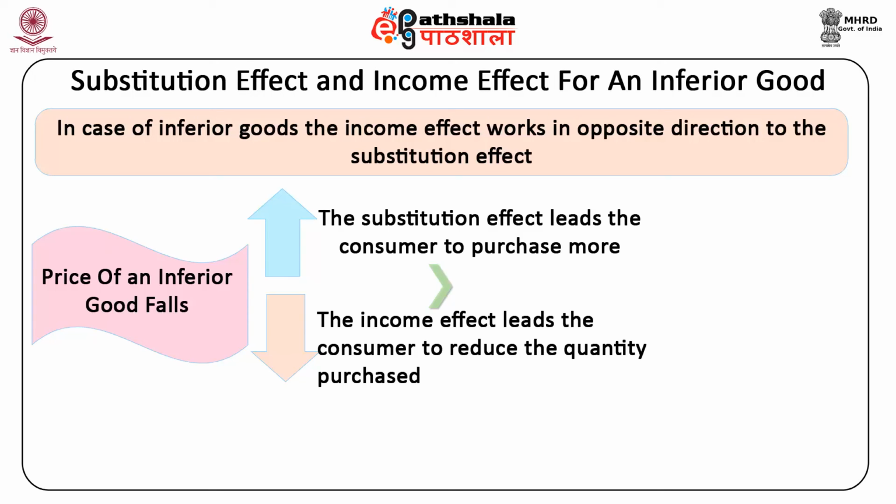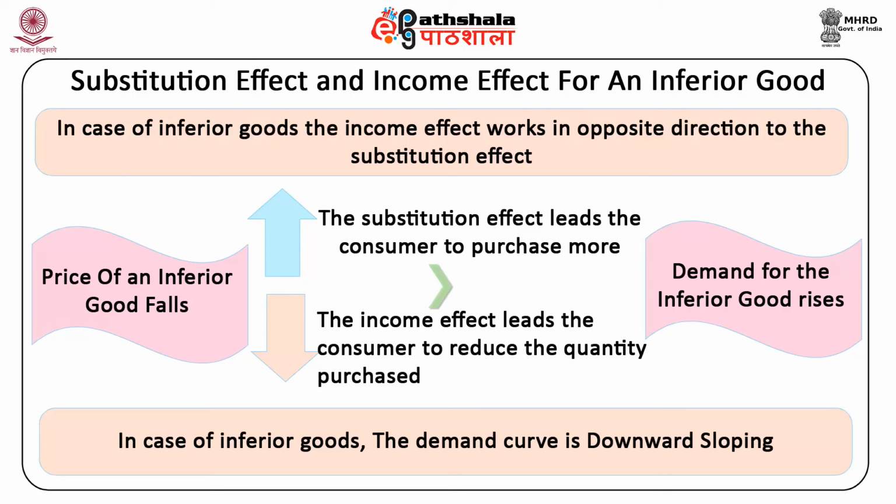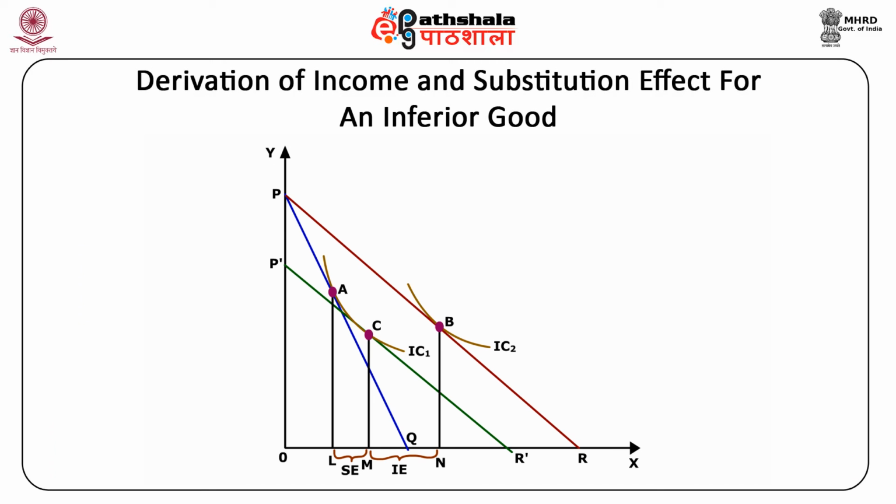Since the substitution effect is generally larger, the net effect of a fall in price leads to an increase in quantity demanded. This results in a downward sloping demand curve in most cases, even for inferior goods. The income effect and substitution effect for an inferior good are shown in the figure.